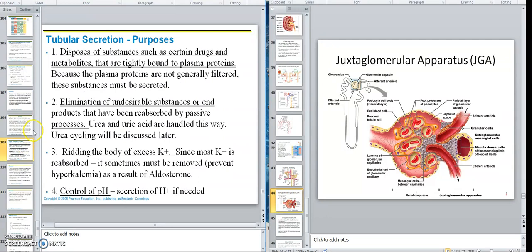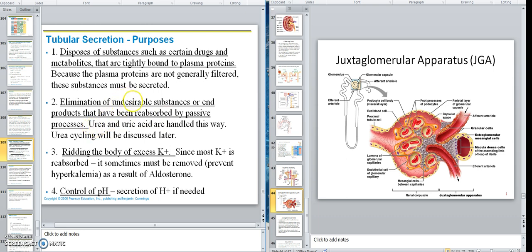Tubular secretion disposes of substances, certain drugs, and metabolites that are tightly bound to plasma proteins. Because the plasma proteins are not filtered, these substances must be pulled off of that. But they can't be pulled off here at the glomerulus. They must be pulled off later. It also eliminates undesirable substances, end products that have been reabsorbed by passive processes.